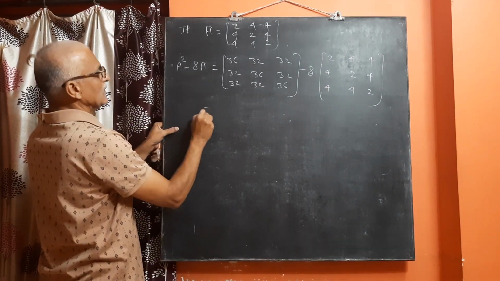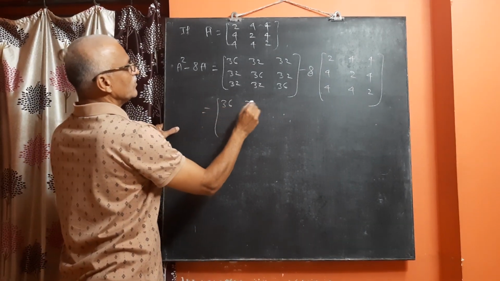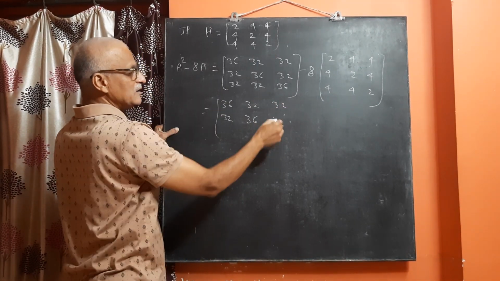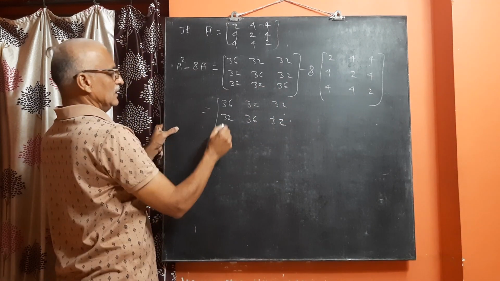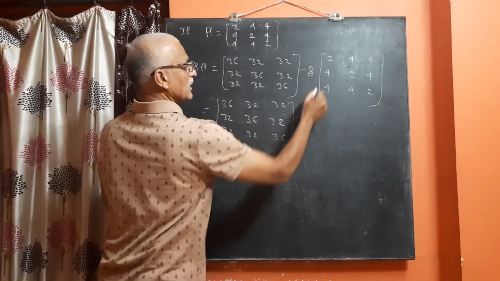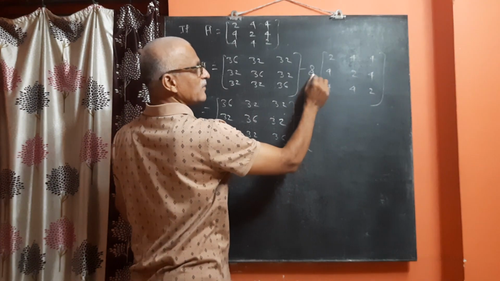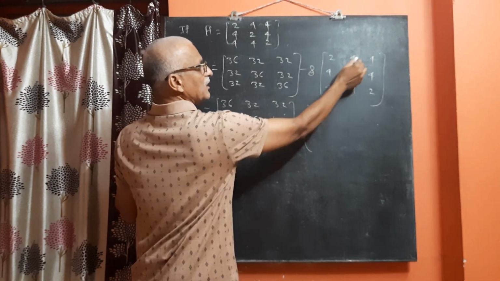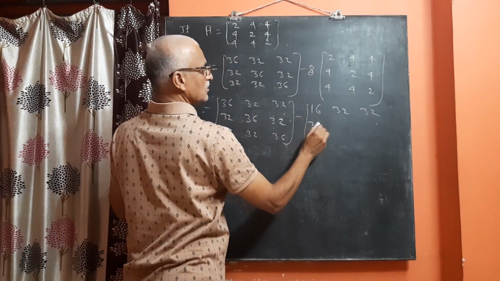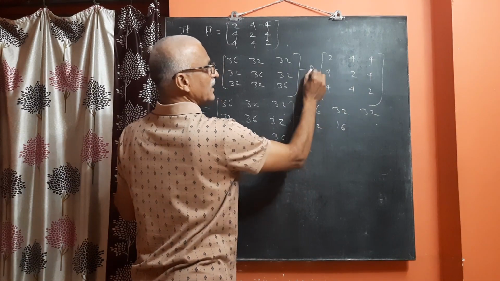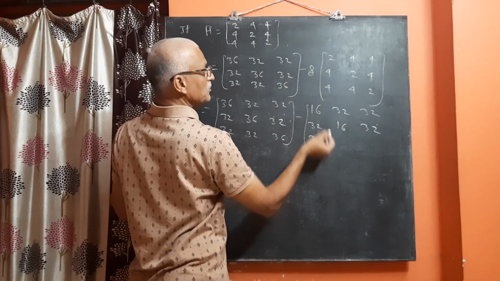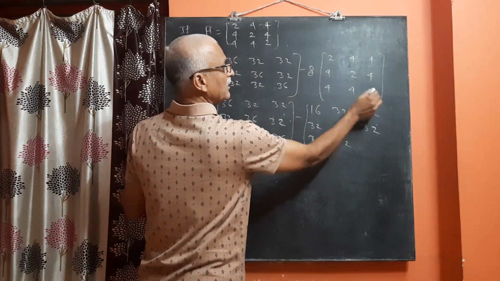So we have A square as it is, 36, 32, 32, 32, 36, 32, 32, 32, 36, minus taking 8 inside the matrix: 8 into 2 is 16, 8 into 4 is 32, 8 into 4 is 32, 8 into 4 is 32, 8 into 2 is 16, 8 into 4 is 32, then again 8 4s are 32, 8 4s are 32, 8 2s are 16.